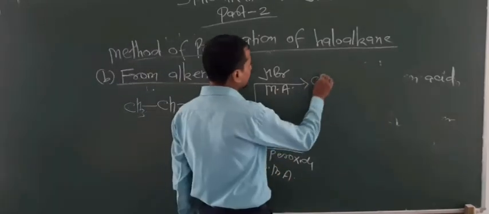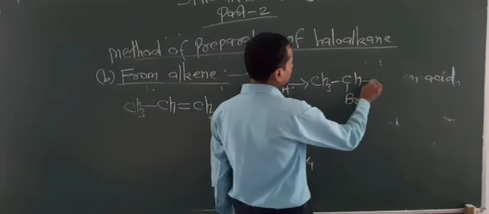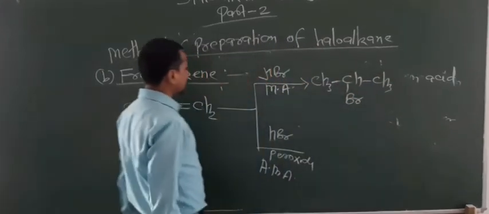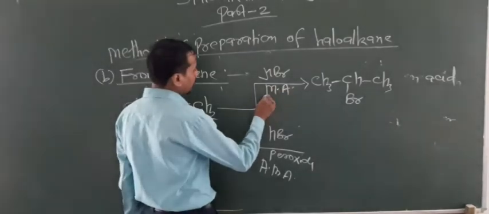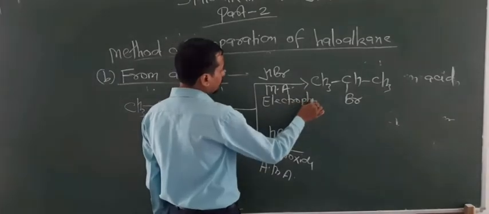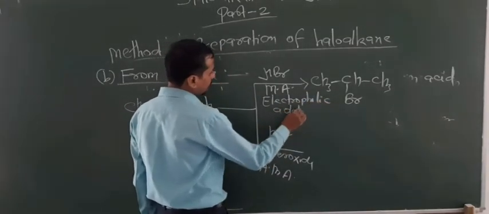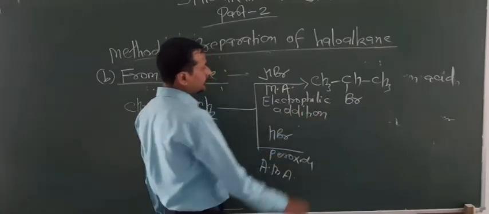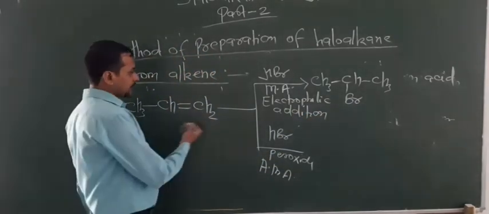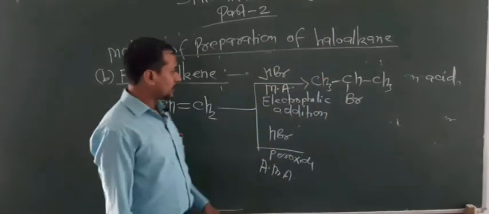So here the product is CH3-CHBr-CH3. So this follows the electrophilic addition mechanism. And here I told you about the stability of carbocations.